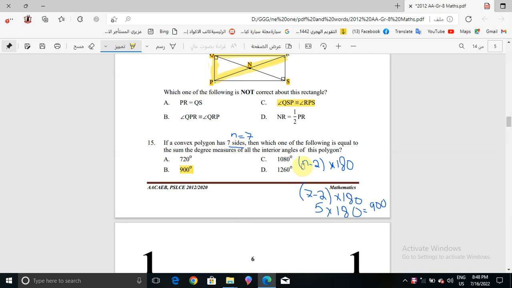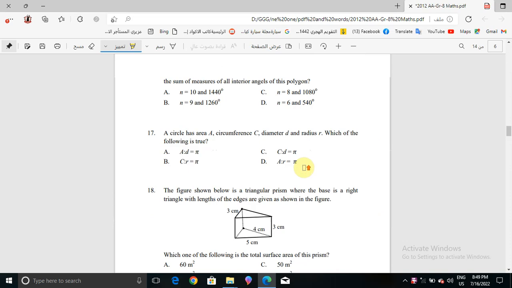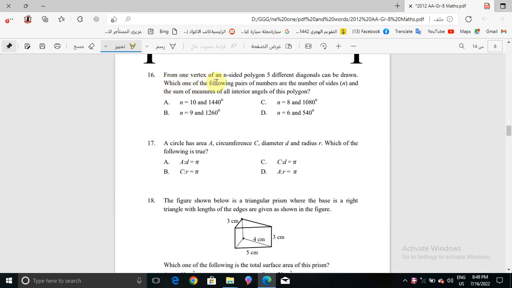Okay, now let's go to the next page. Next question. From one vertex of an n-sided polygon, five different diagonals can be drawn. Which one of the following pairs of numbers are the number of sides n and the sum of measures of all interior angles of this polygon? Which one will it be?